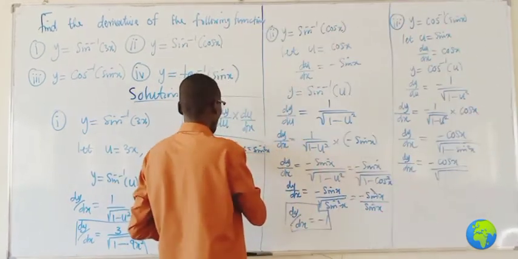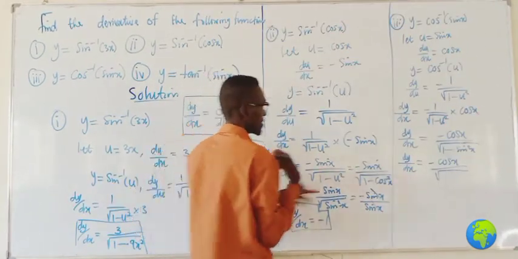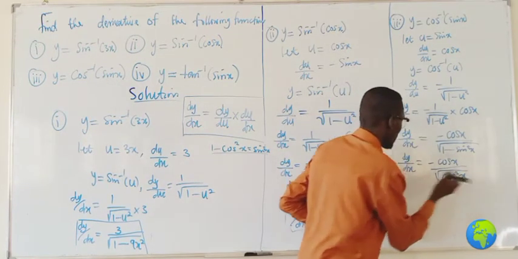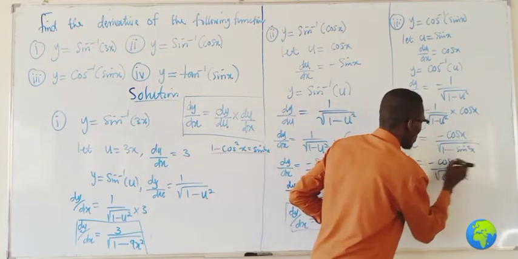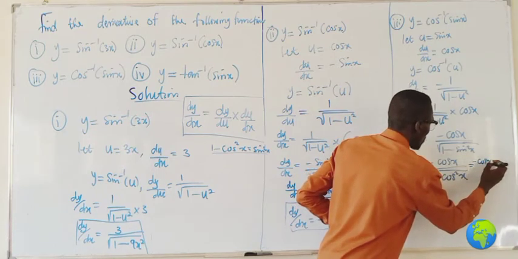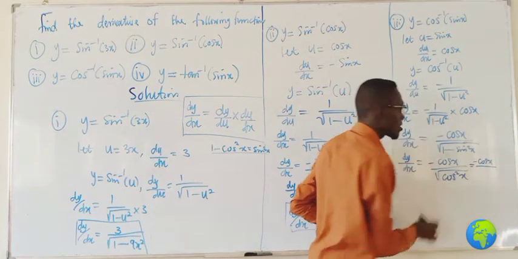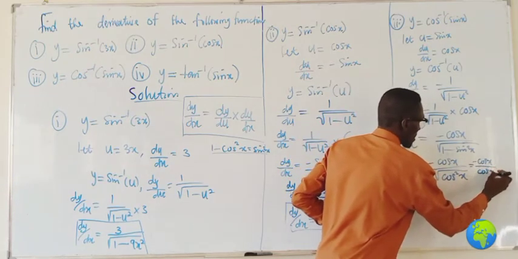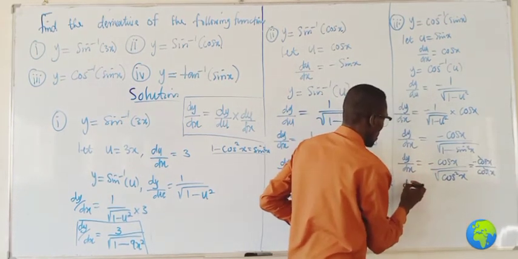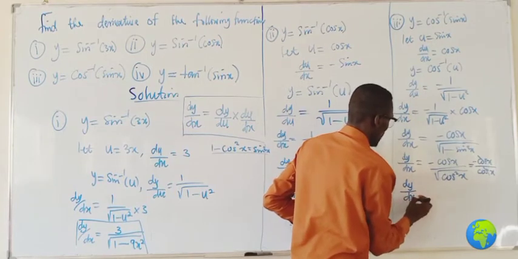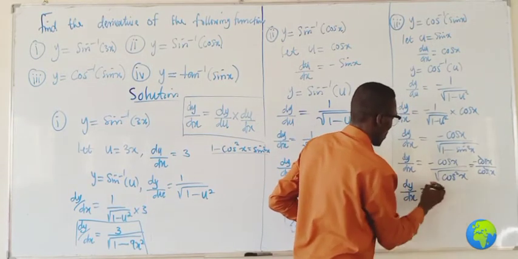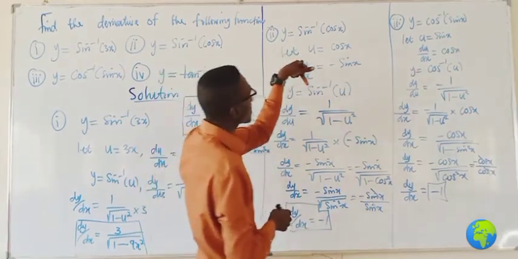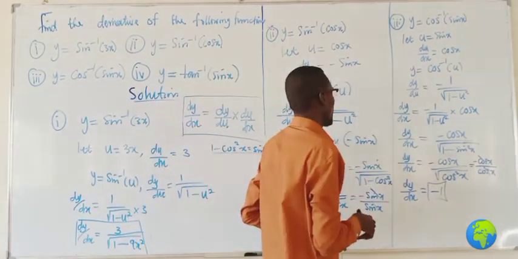So this equals minus cos x over the square root of cos square x, which is cos x. Cos x cancels out. I'm having dy/dx is going to be minus 1 as well. Wow. That means the sine inverse of cos x is the same thing as the cos inverse of sine x.